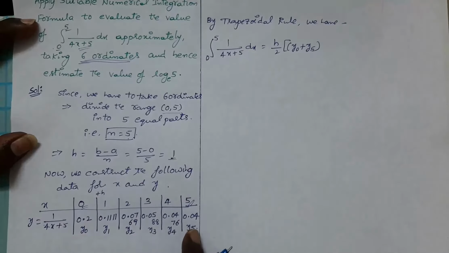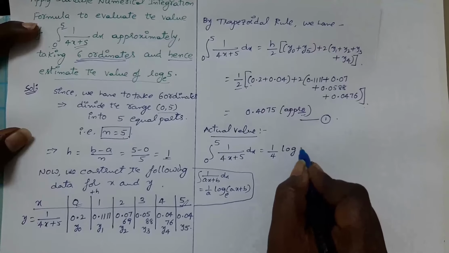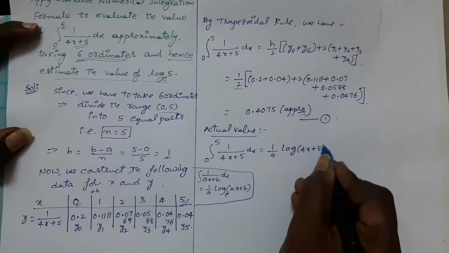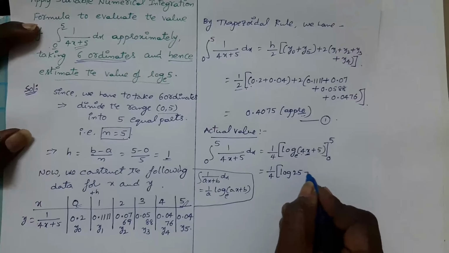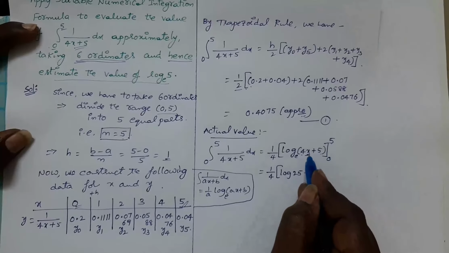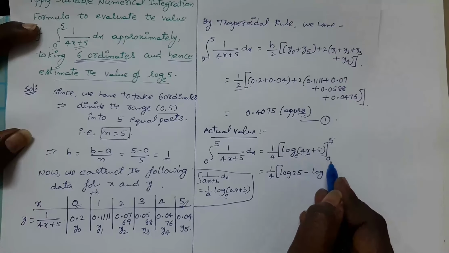According to this formula, this integration becomes 1 by 4 of log of 4x plus 5 to the base e. Within the limits 0 to 5, by applying the upper limit, whenever we have x, replace it by the upper limit. 4 fives are 20, 20 plus 5 is 25, minus, replace x by the lower limit 0, you will get log 5 to the base e.